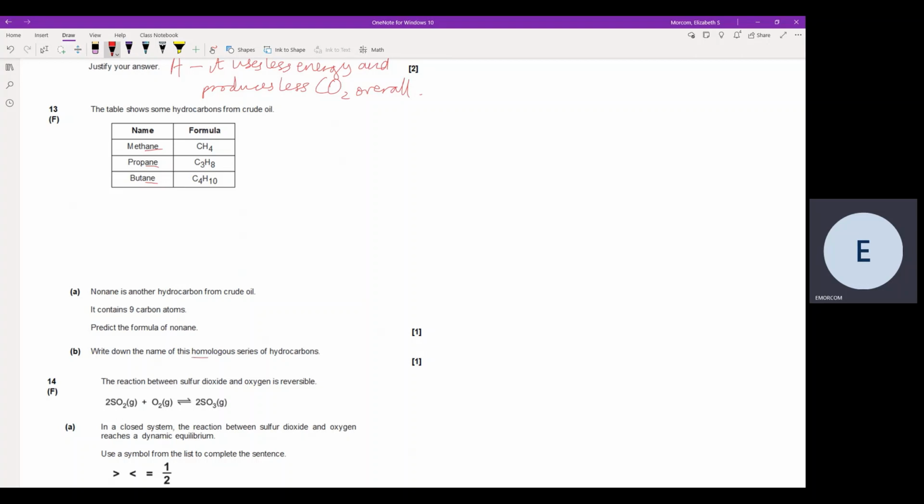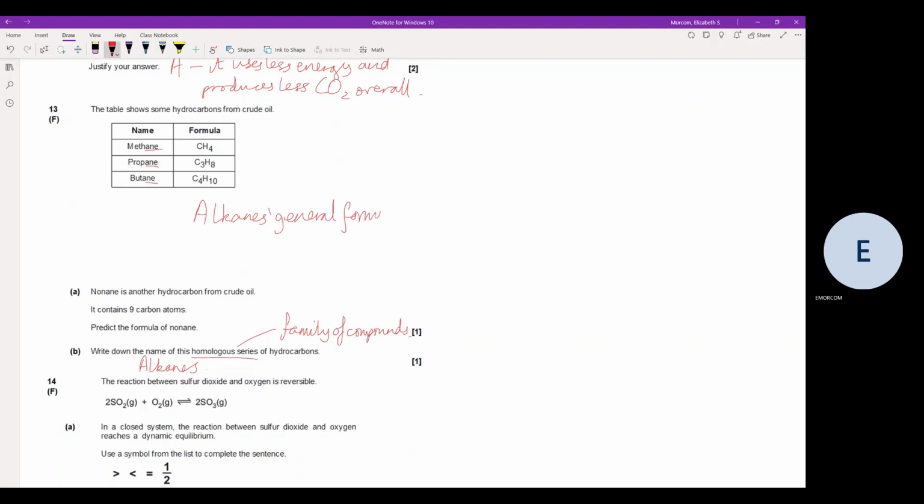Now, homologous series is a family of compounds, and we know about 2 of them. Okay, we know about alkanes and alkenes. Now, looking at these, they all end in ane, so these are the alkanes. And we should know that alkanes have the general formula CnH2n+2, which we could have worked out from the clues they've given us, but if we can just remember this, it's going to be much easier.